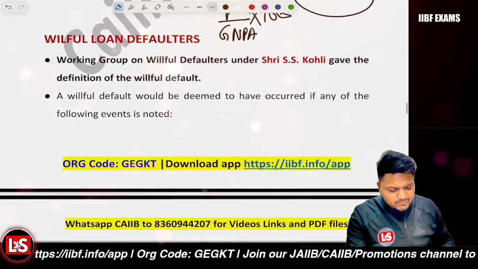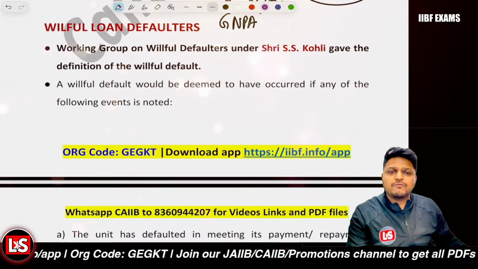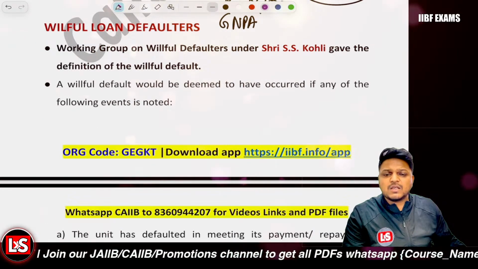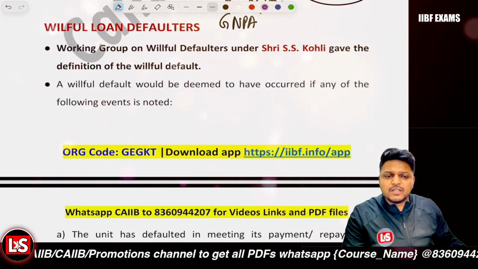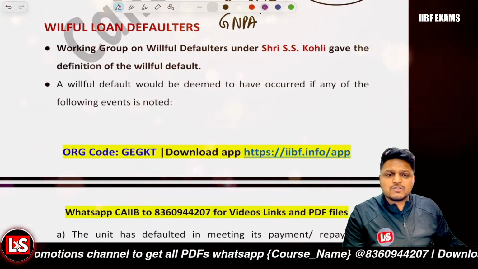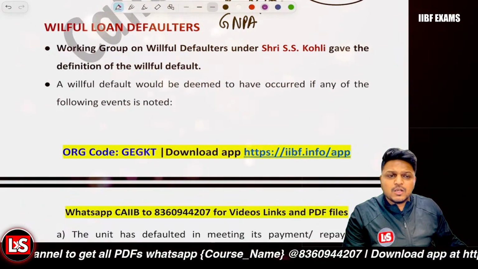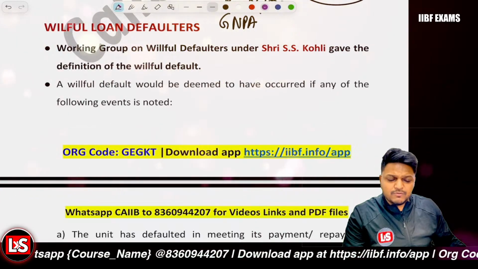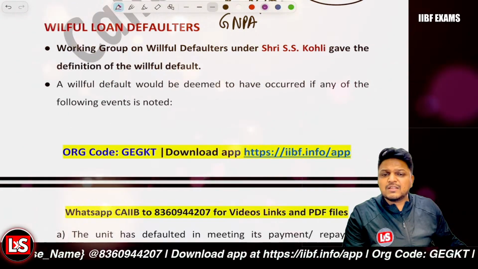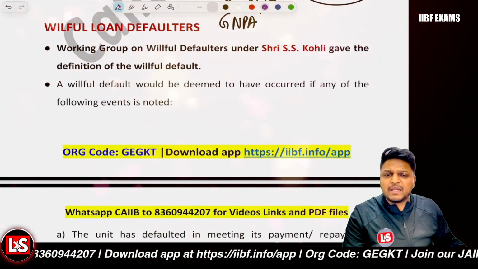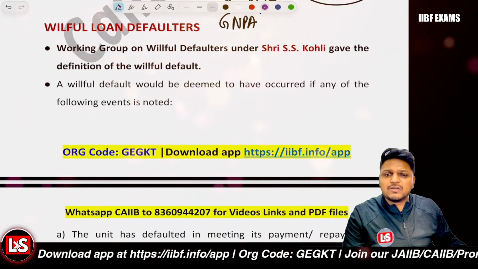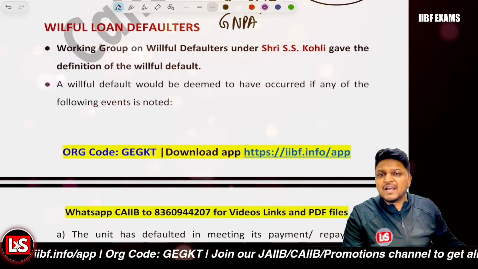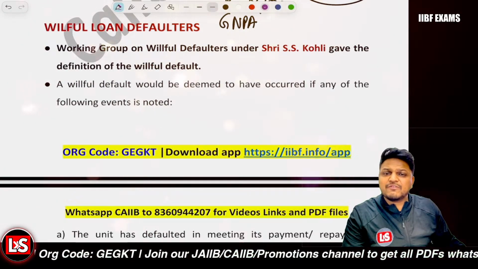Okay, now let's move ahead. It's about willful loan defaulters, right? There was a working group on willful loan defaults which was established. And what loan is said to be a willful default? Where the borrower has the capacity to repay but is not trying to repay, does not want to repay, or is diverting or siphoning off the funds.